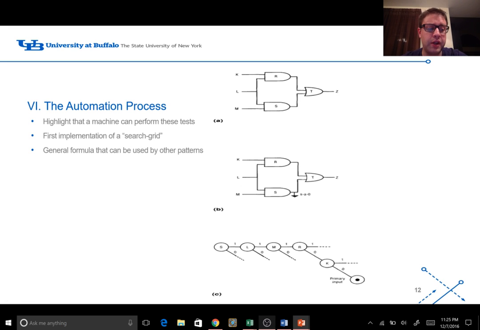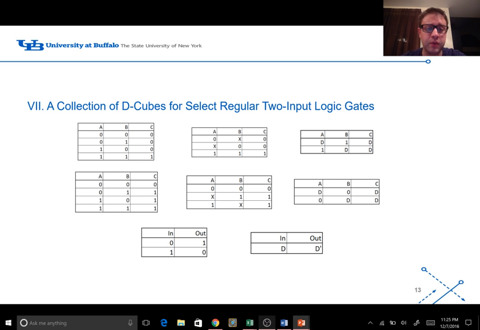What made the D algorithm so special wasn't necessarily how it does things, but just the fact that it proved that it was possible. On this slide, and again, this is section 7 of my paper, is a collection of D cubes for select regular 2-input logic gates. Across the top here, unfortunately, they're not labeled, but this is the truth table for an AND gate. Immediately to the side of that is the single coverage for that same AND gate.